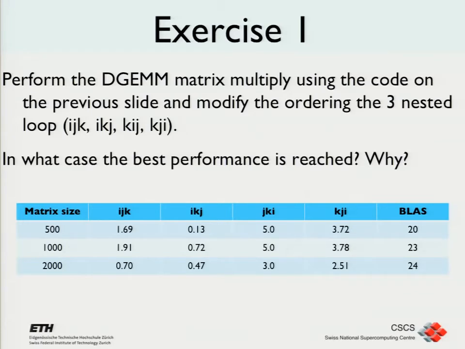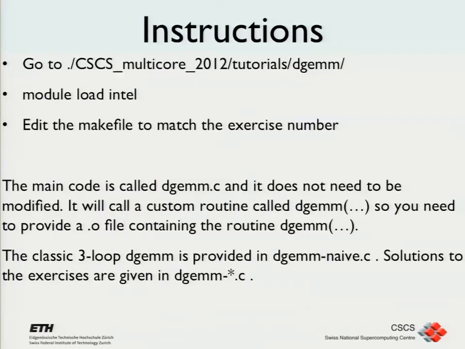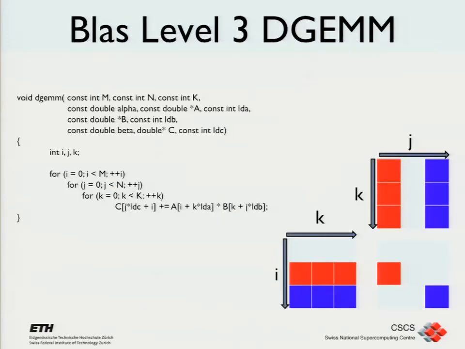So this one, JKI, is the best performance, and it's easy to understand why, because you can see that here and here, C and A are accessing data at stride 1. So when you load data from this position and this position, it's likely that the next piece of information will already be in the cache.